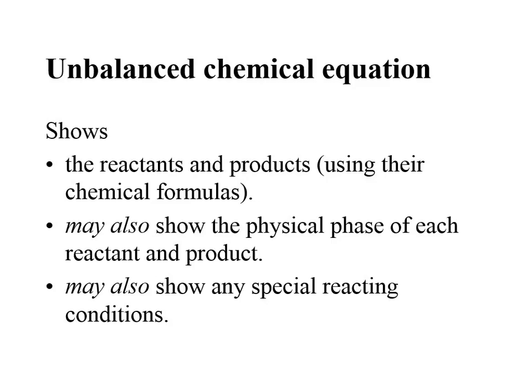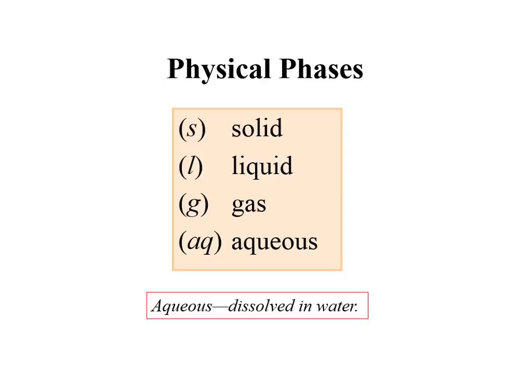So you're going to want to know these. S is solid, L is liquid, G is gas. And AQ means it's dissolved in water. So, for instance, you guys did sodium bicarbonate, NaHCO3 (aq).